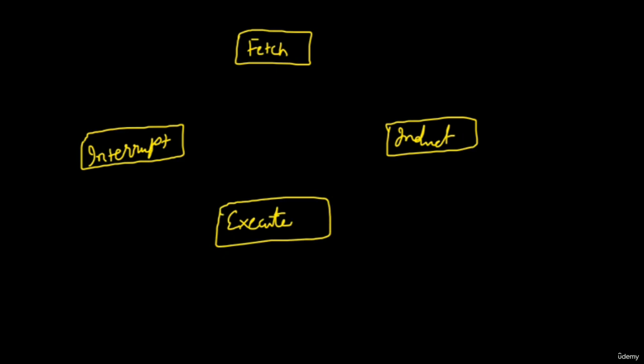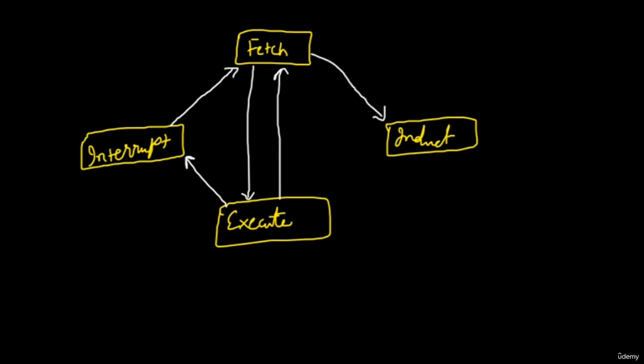So what is actually going to happen here? Let's understand with the arrows. After fetching, it has to execute, and after execute, it again has to fetch for another data. After executing, it will interrupt because it's completed. After you complete something, you interrupt to do something more. And what does the interrupt do? It activates the fetching cycle. And now the fetching cycle will induct or command, and then it will execute.